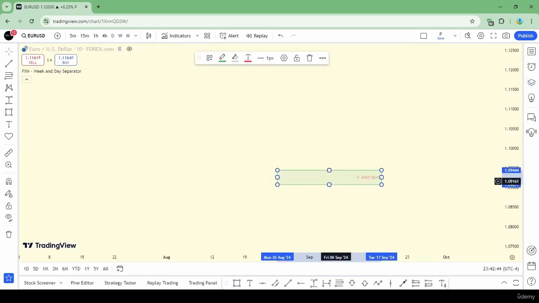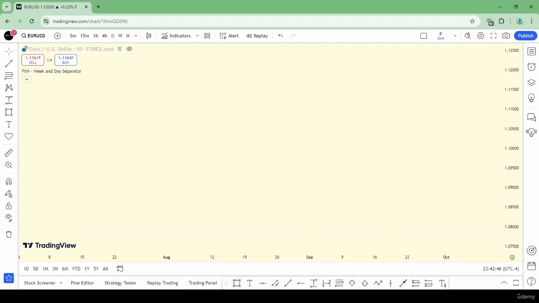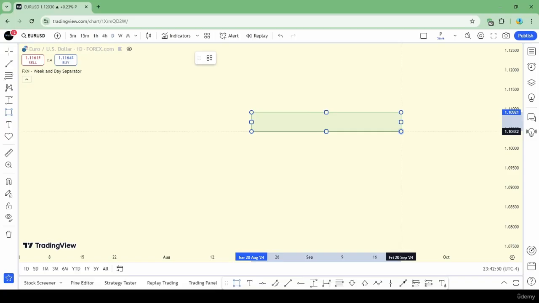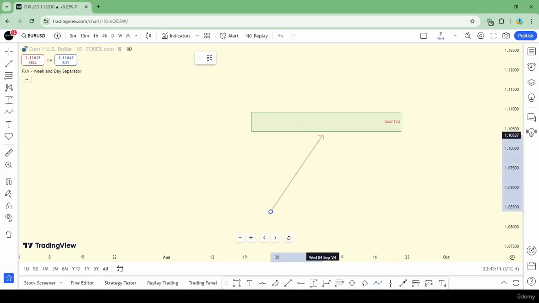So in this example we'll have a bullish scenario, moving away from the daily fair value gap. The idea is we want to see what happens when we move away from this daily fair value gap.